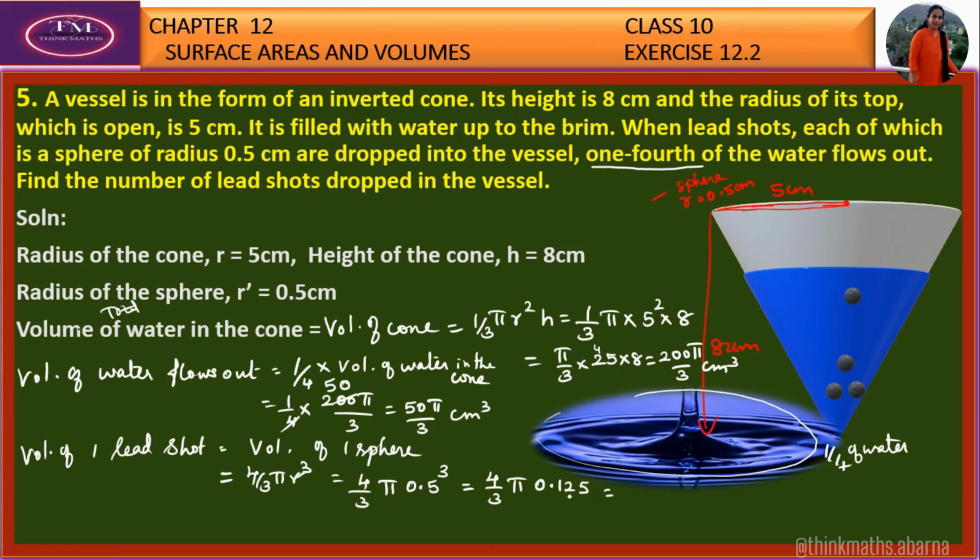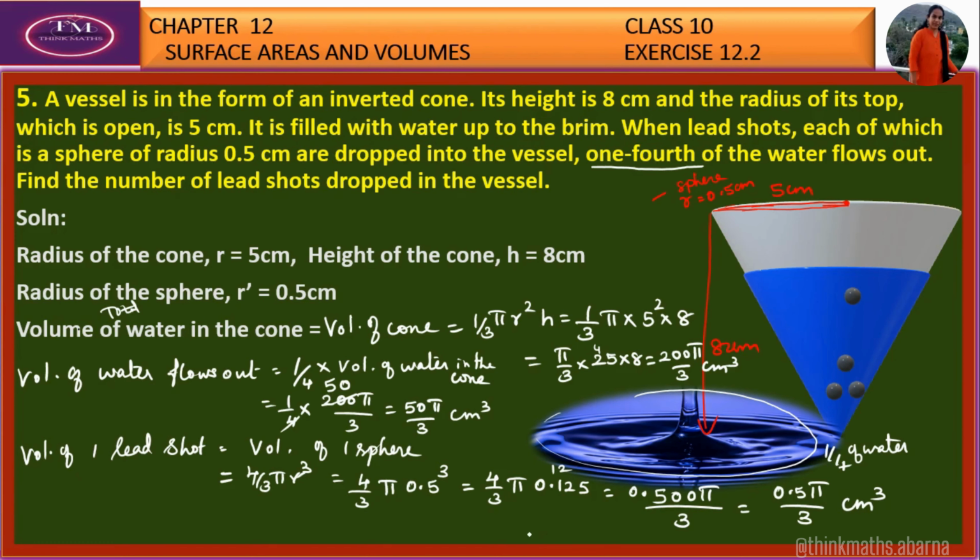Multiplying with 4, 4 5s are 20, balance 2, 4 2s are 8, 8 plus 2, 10, balance 1, 4 1s are 4, plus 1 it is 5. So it is 0.5 pi by 3. After the decimal, if there is 0, it is not valid. So it is 0.5 pi by 3. This is the volume of one lead shot.